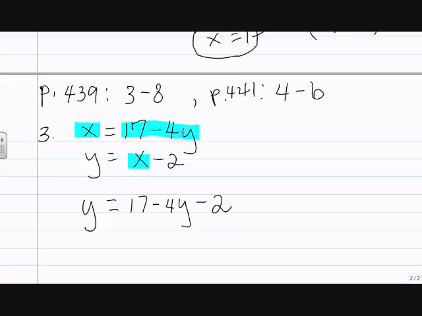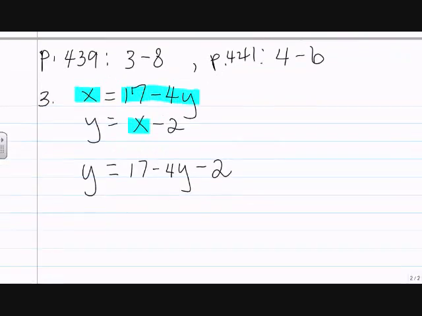Now I have to combine like terms. So I get y equals, combine the 17 and the minus 2 to get 15 minus 4y.